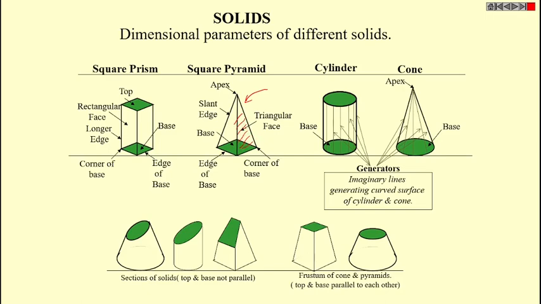Triangular faces are the slant faces, and for a square pyramid the base is a square. The base is a square, and the side faces are always triangular faces.